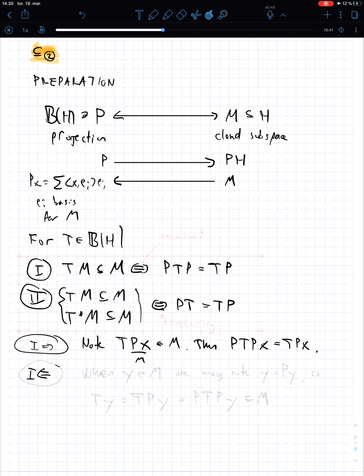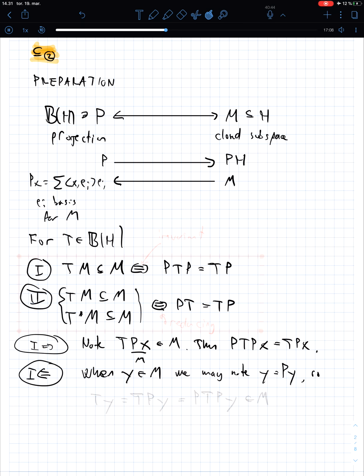To go the opposite way, for number one, when I take some y that lies in M, we may note that y is Py, for the same reason as before: if I'm already in M and I'm applying the projection, nothing happens.